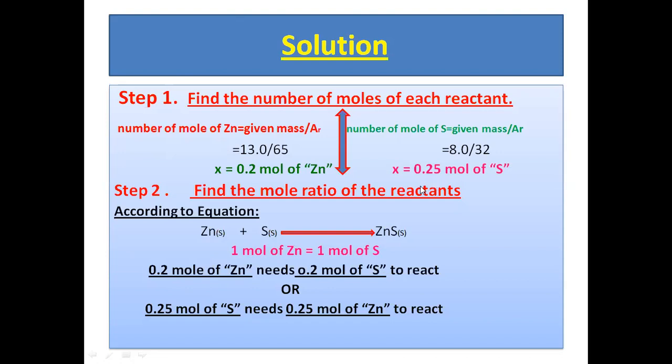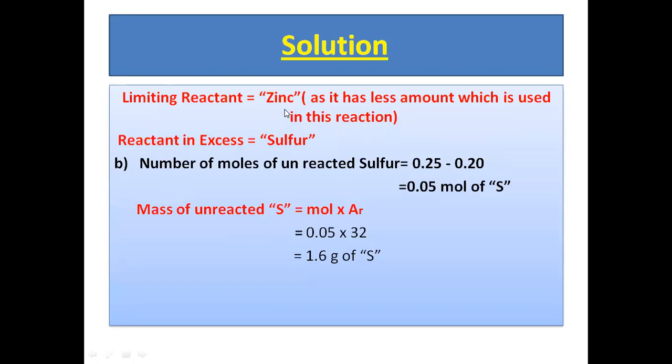Or you can say that 0.25 moles of sulfur needs 0.25 moles of zinc to react completely, but you have 0.2 moles of zinc, right? So in this case, your limiting reactant is zinc because it is 0.20 mole, and sulfur is in excess because it is 0.25 mole.